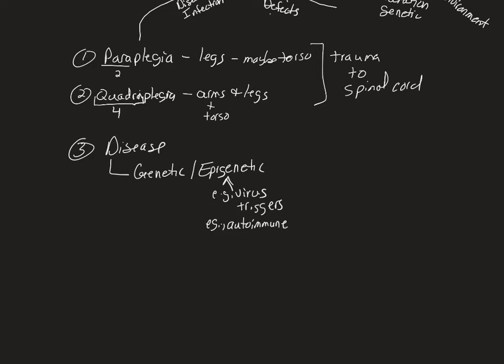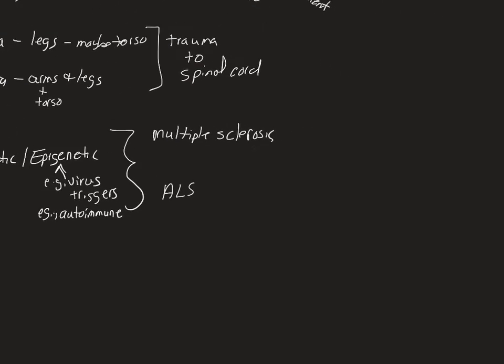All right, some examples here would be MS, so multiple sclerosis. And ALS, or Lou Gehrig's disease. ALS stands for amyotrophic lateral sclerosis, which is a big mouthful, so I'm not going to write it out, okay?